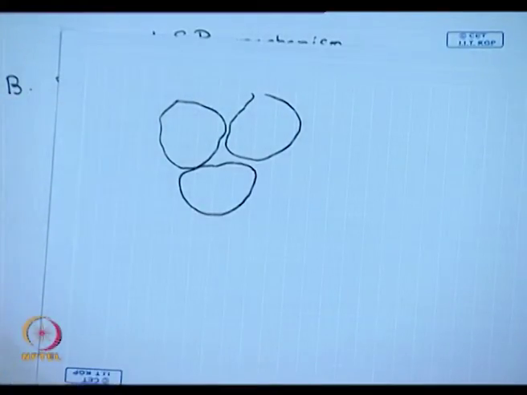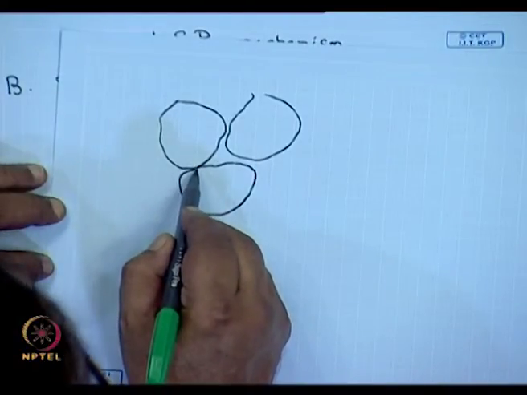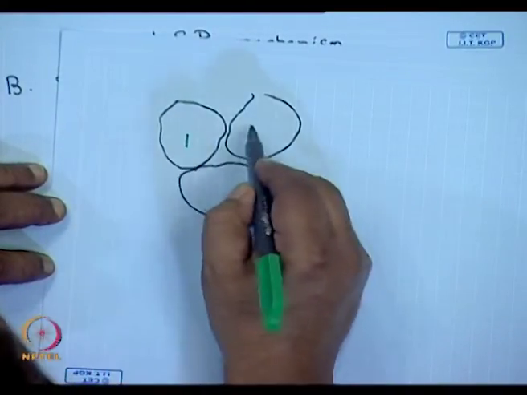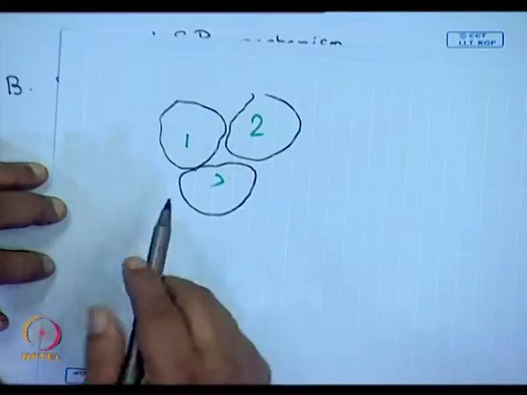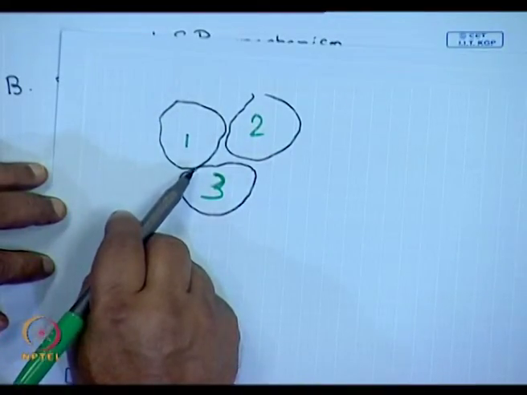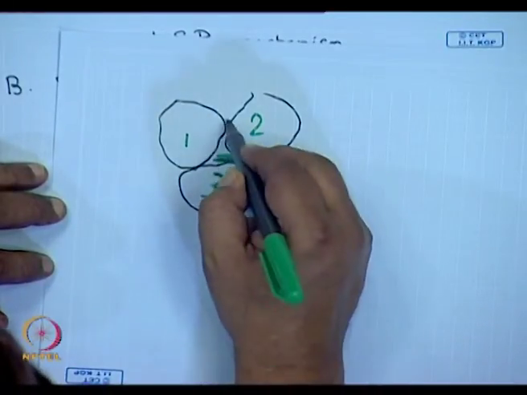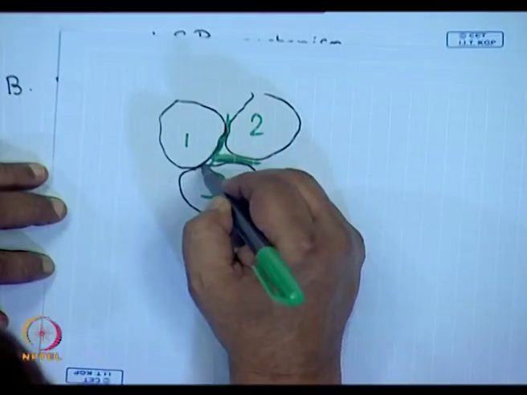The way I have drawn it, you can see this grain is in contact with this grain over here. Let me label 1, 2, 3. These 2 grains are in contact over here, but over here this place has the liquid. This is filled with the liquid.